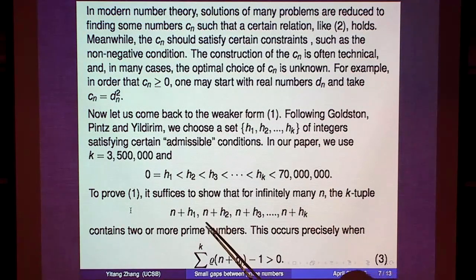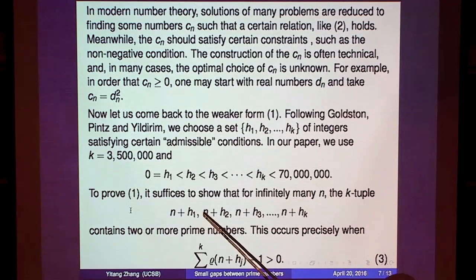Then to prove the bounded gaps less than 70 million, we just need to show that for infinitely many n, the k-tuple, the k numbers n plus h1, n plus h2, and so on, contains at least two prime numbers. One is a prime number, another is a prime number, and these two numbers are of course distinct. And the gap between these two prime numbers is at most less than 70 million.